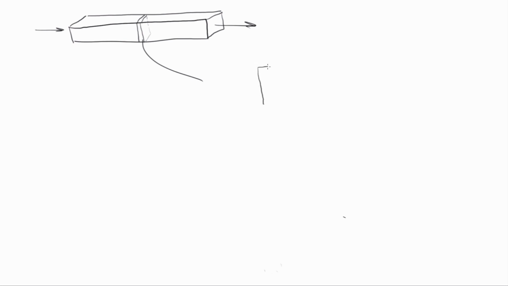So this little sliver has a differential thickness dx. All right? And we're going to write the mass balance not on the porous media itself, but rather on the fluid flowing through the porous media.